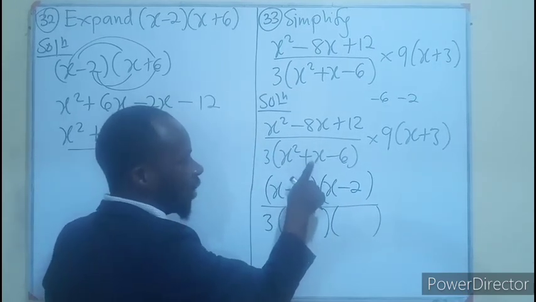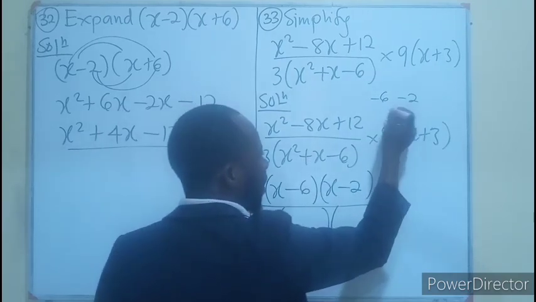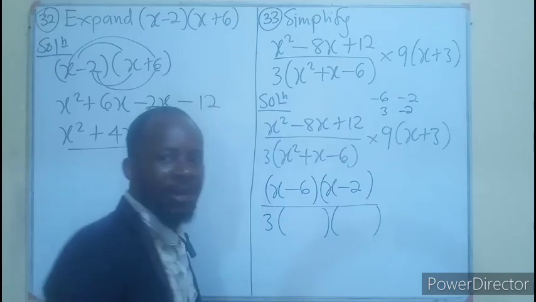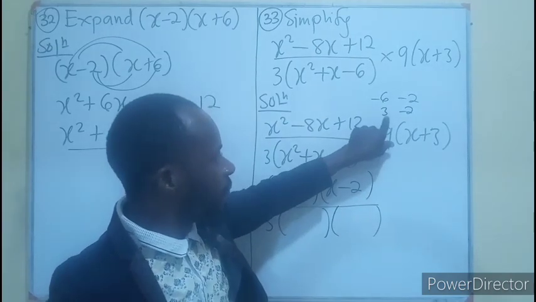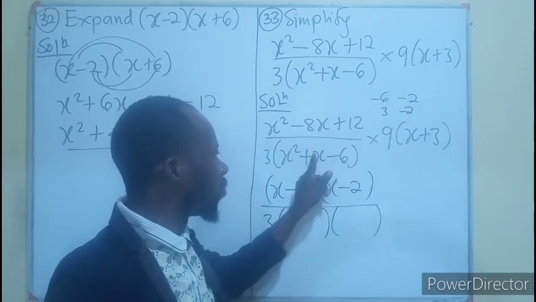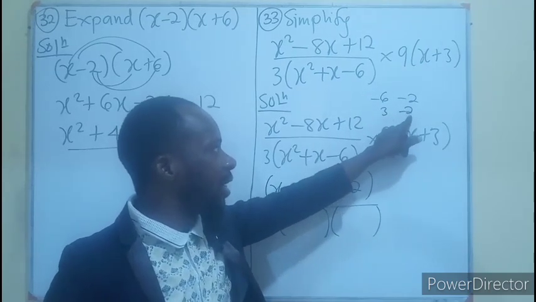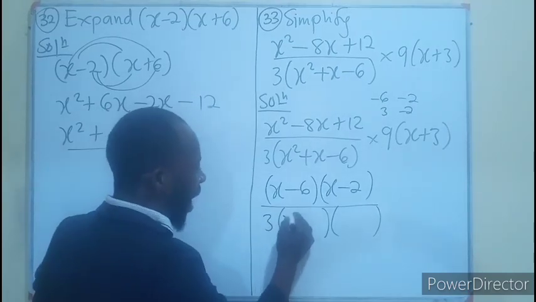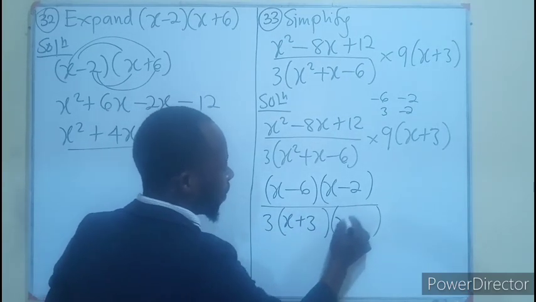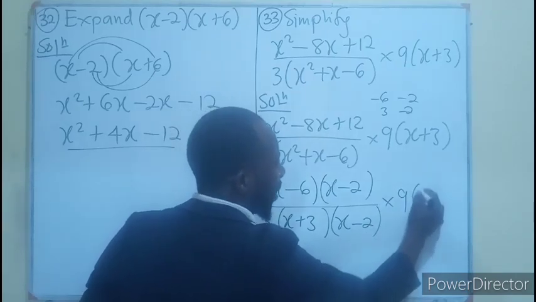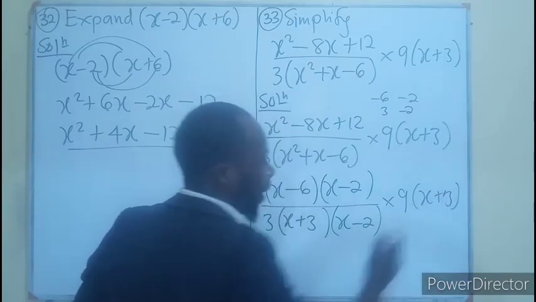When you add, you get 1. That could be 3 and negative 2, because 3 minus 2 gives us 1, and 3 times negative 2 we have negative 6. So our factors will just be x plus 3, x minus 2. Then times 9 times (x plus 3).